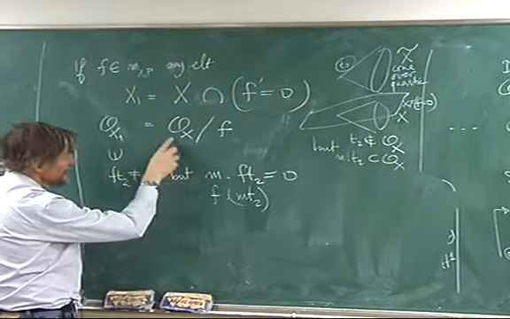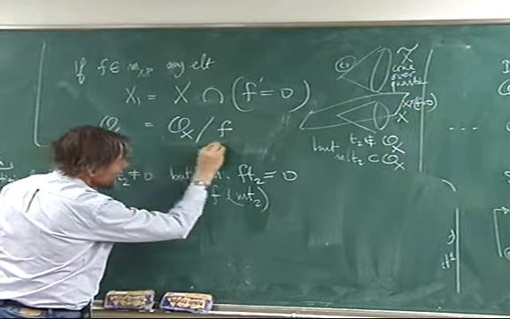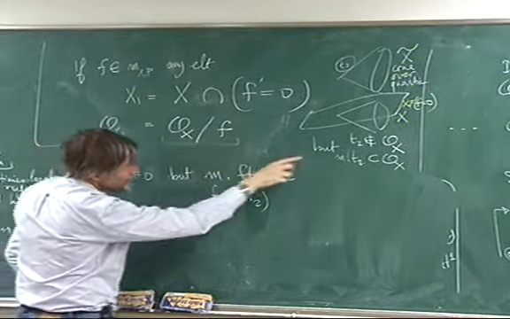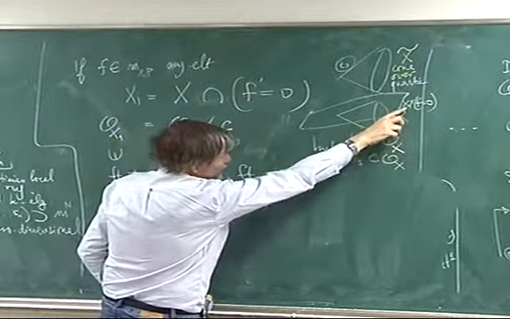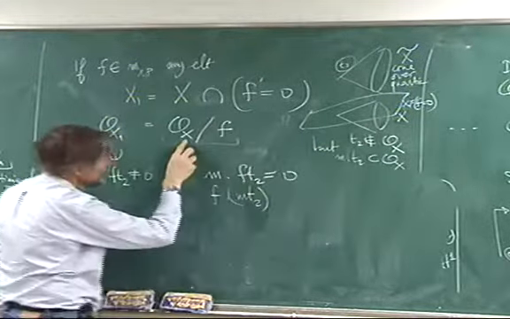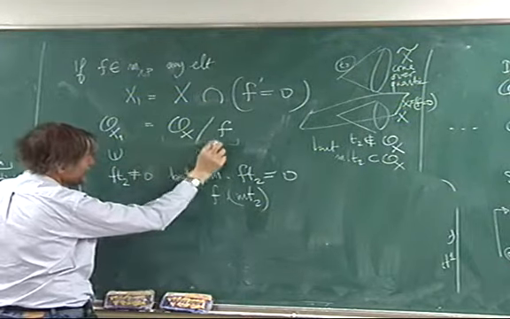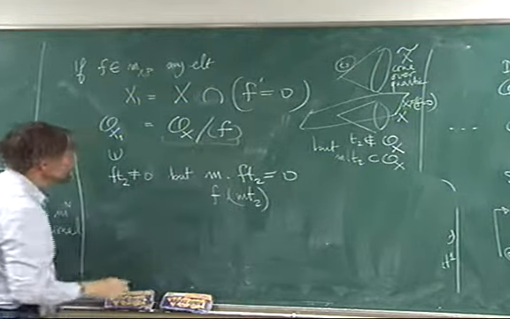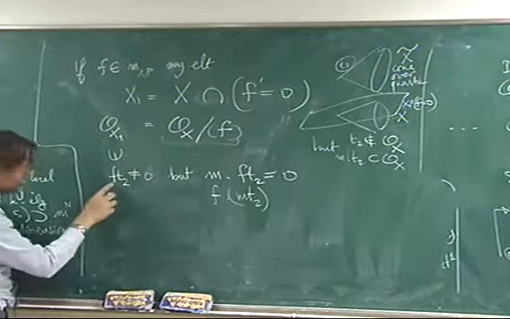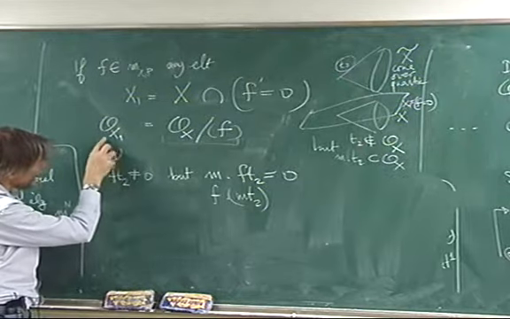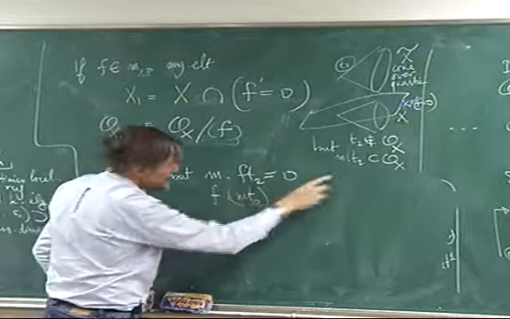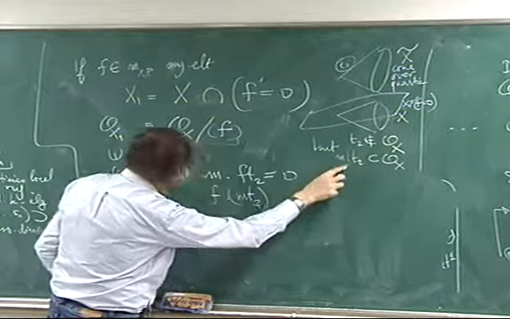Right, so the local ring of this variety X1 is just the original OX divided by f. Now there's this element f times t2 which is in here, because f times anything in the maximal ideal times t2 is in here.